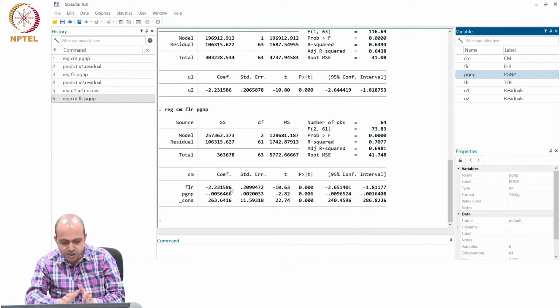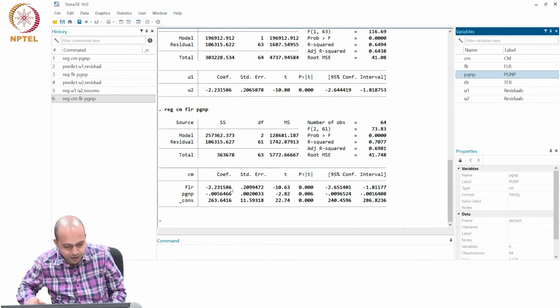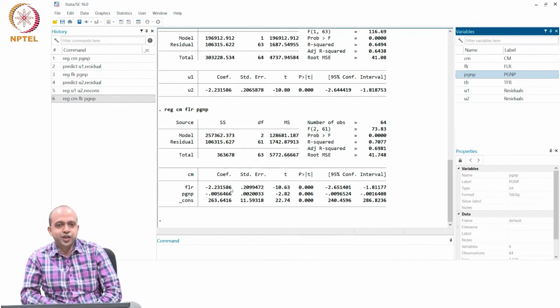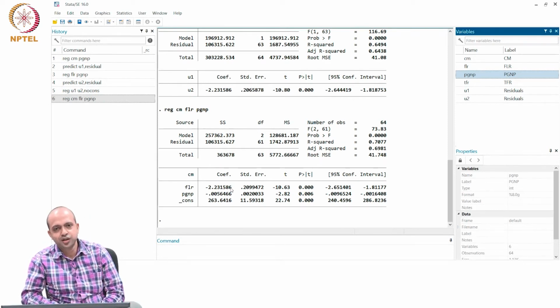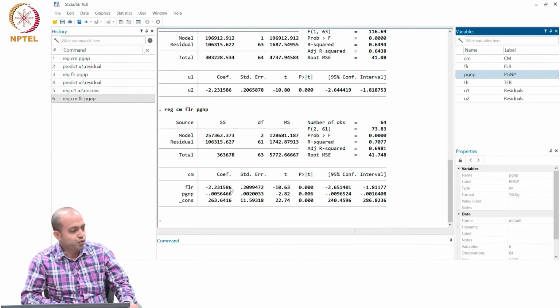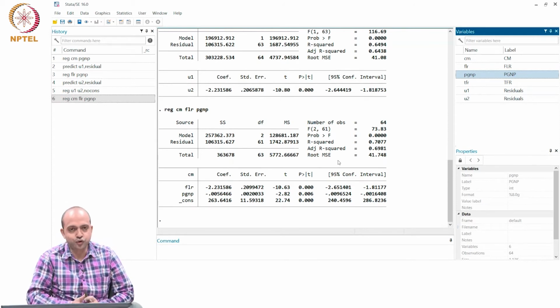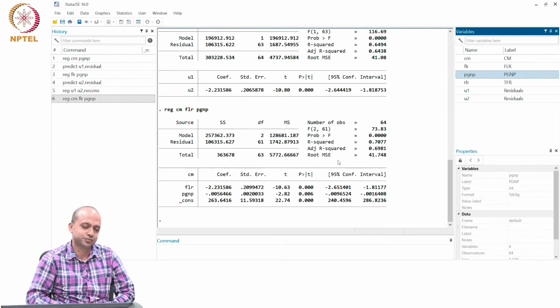This is how the multiple linear regression model is estimated. Then, as we have learned the hypothesis testing part and goodness of fit measure previously, we will try to understand all those results from here. First of all, what is the R square here? The R square here is 0.7077. What does it mean?